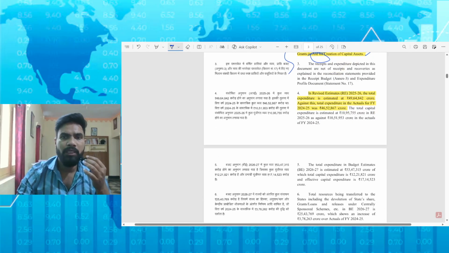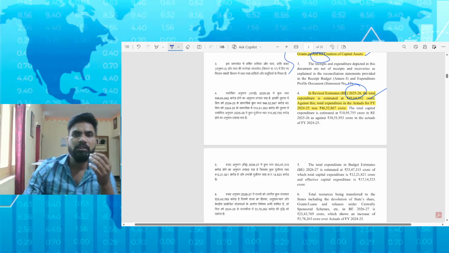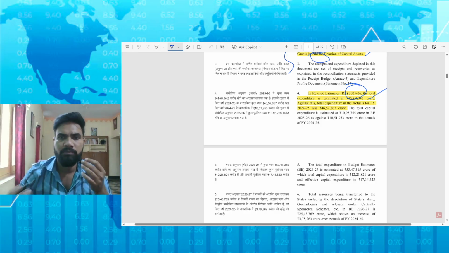So the details are given. In the revised estimates of 2025-26, the total expenditure is estimated at 49 lakh 60,000 crore rupees. Effectively, this is the size of the budget.